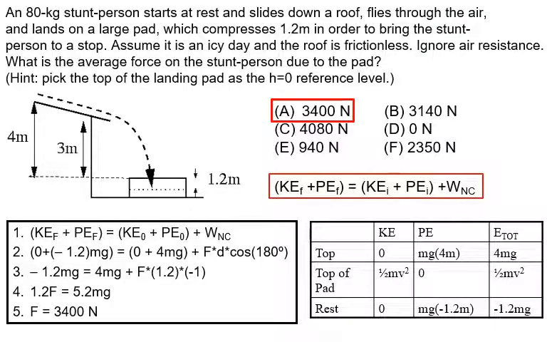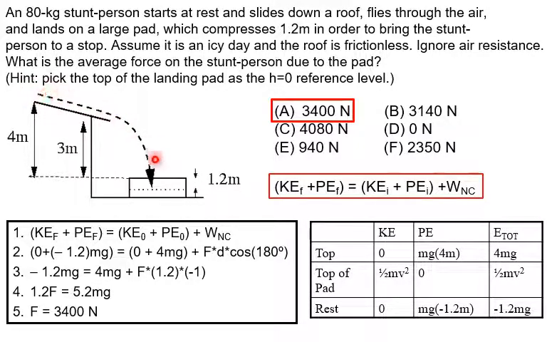So if you want one difficult problem to practice, to apply all the problem-solving steps for energy conservation, I think this is a good one to try to master. We have a stunt person starting at some height, with some amount of energy. It's all potential energy.